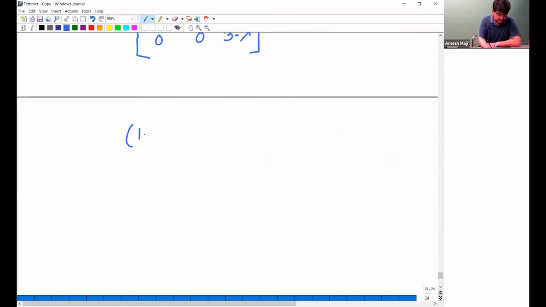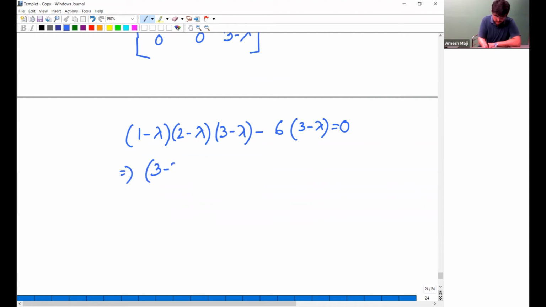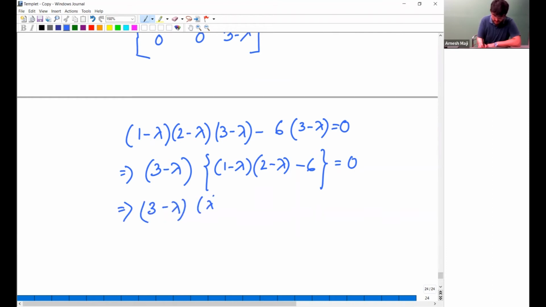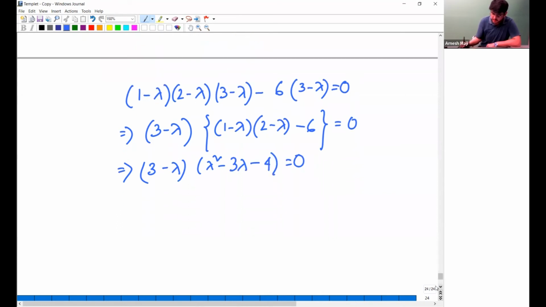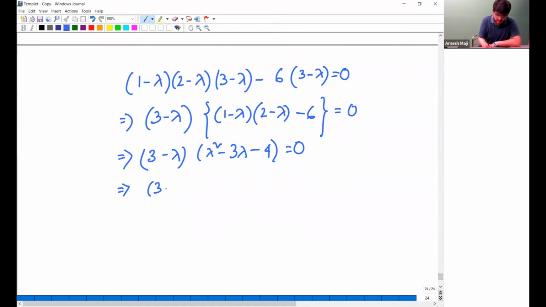So let us find the characteristic equation. This is the characteristic equation, and if we do simple factorization, we will be able to find the roots.